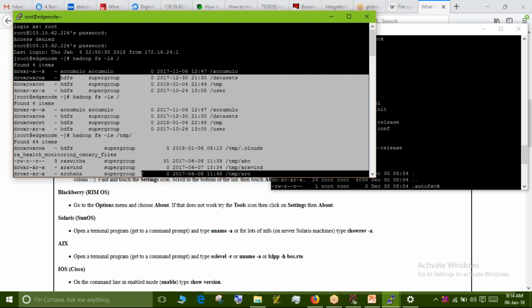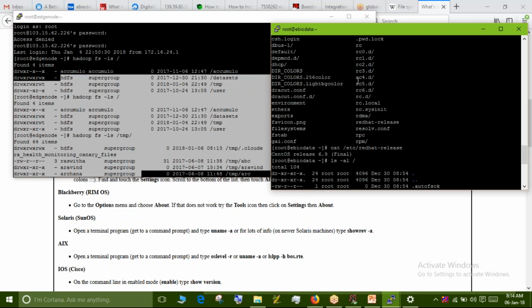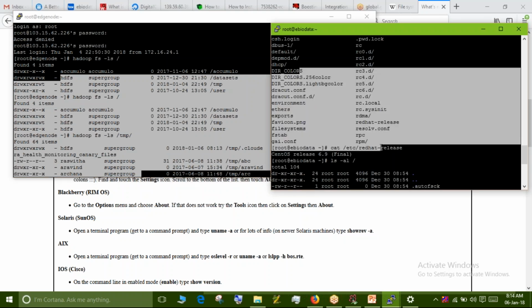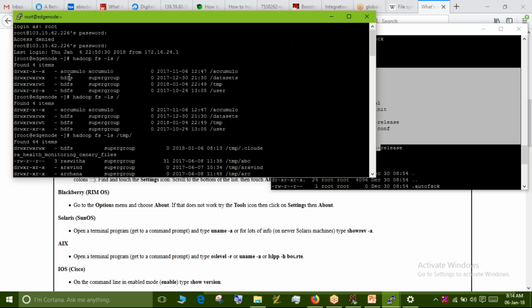Yeah, sorry, Laden. What you are able to see in Linux or CentOS, a similar thing we are seeing in HDFS.